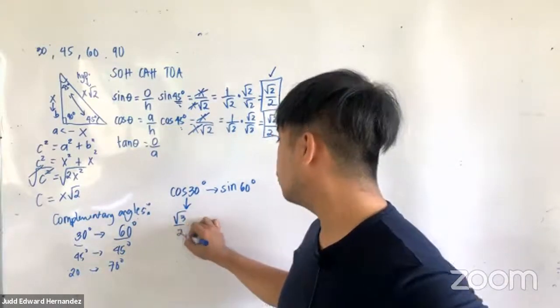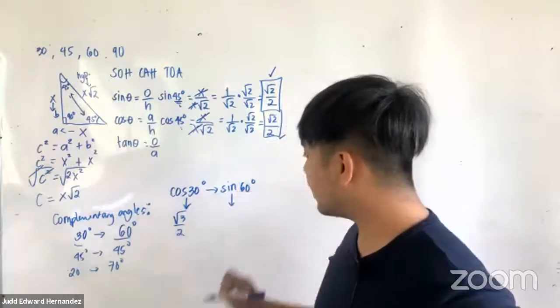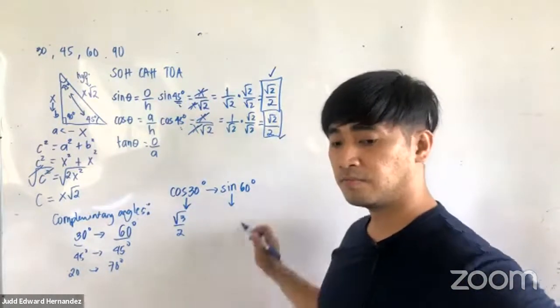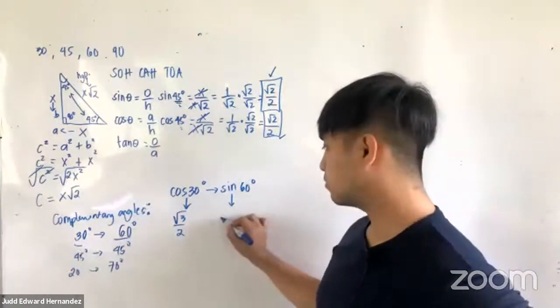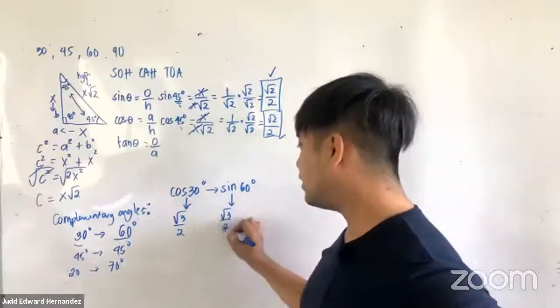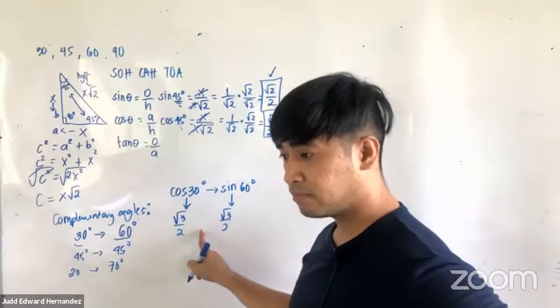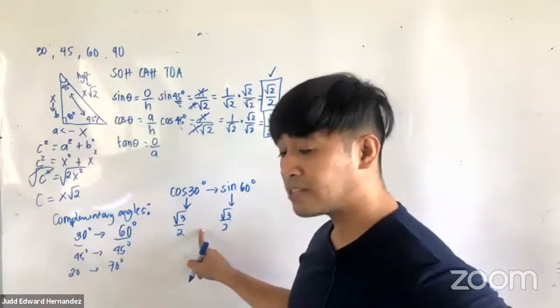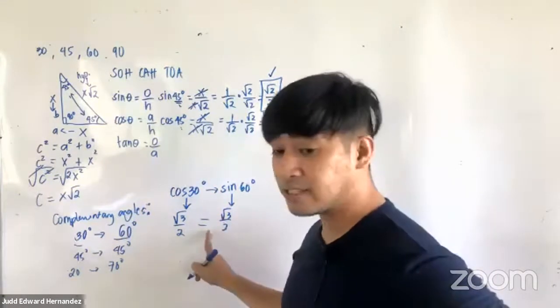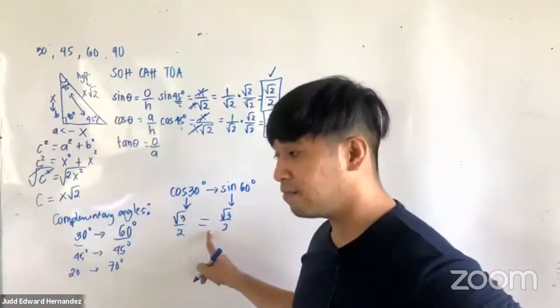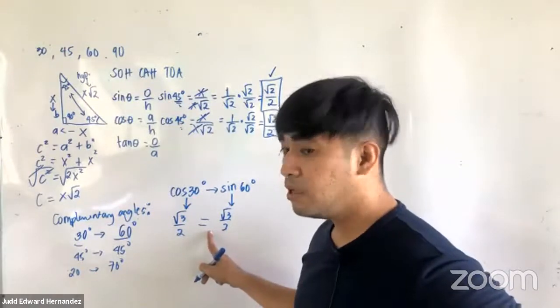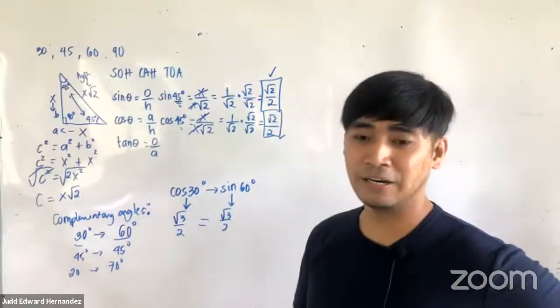Paki-compute nga po, what is sine 60 degrees? Square root of 3 over 2. Are they the same? Yes po. Yes, because we call that as, anong tawag sa kanila? They are complementary. Okay.